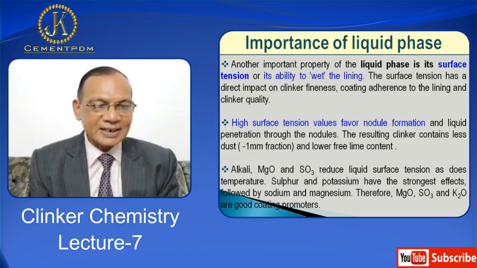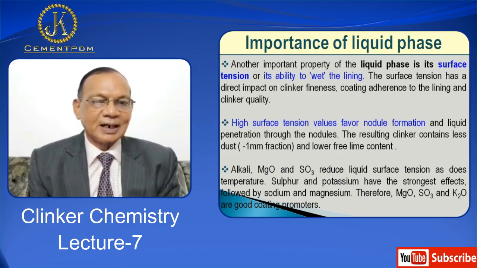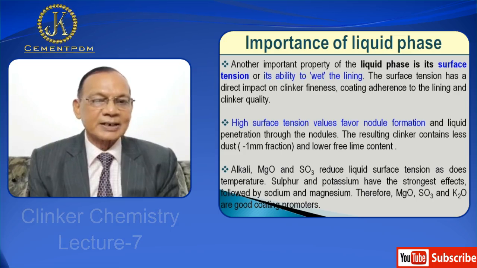The resulting clinker contains less dust, that is the minus 1 mm fraction, and lower free lime. Alkali, MgO, and SO3 reduce liquid surface tension, as does temperature. Sulfur and potassium have the strongest effect, followed by sodium and magnesium. Therefore, MgO, SO3, and K2O are good coating parameters.